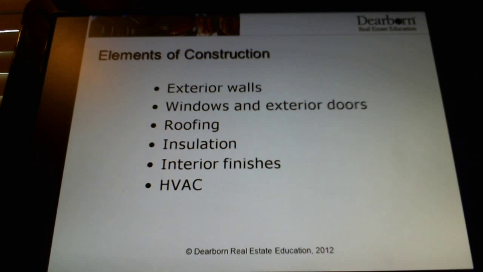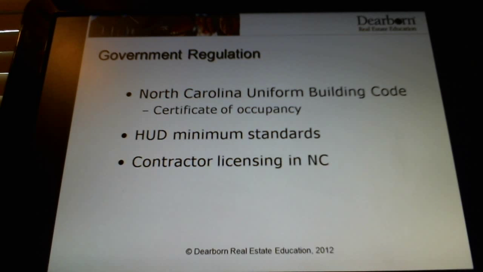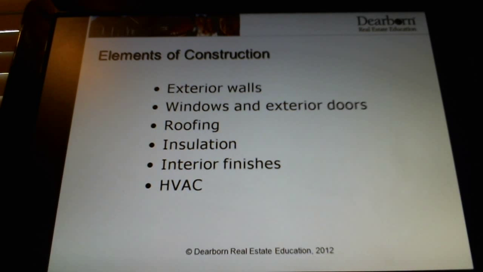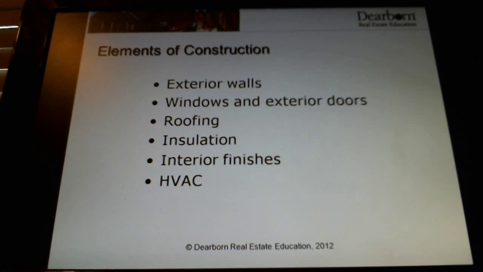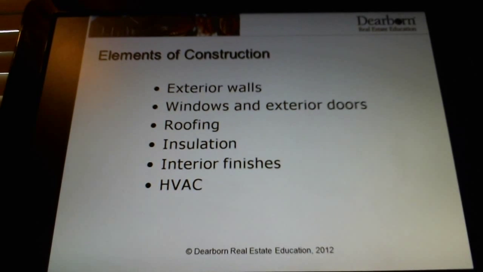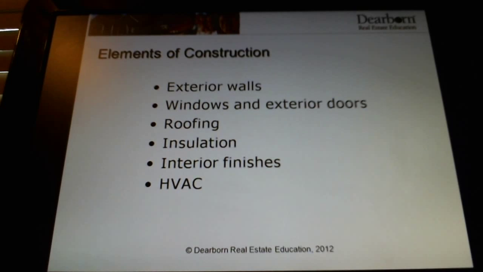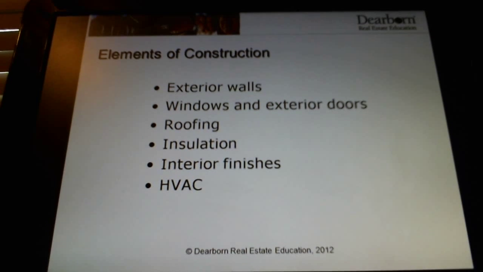A couple of other things that you might come into contact with, this idea of insulation here. Insulation, and it's on page 384 in your textbook. There are codes that come into play of how much insulation has to be installed in a particular property, and those are measured in something called an R value.